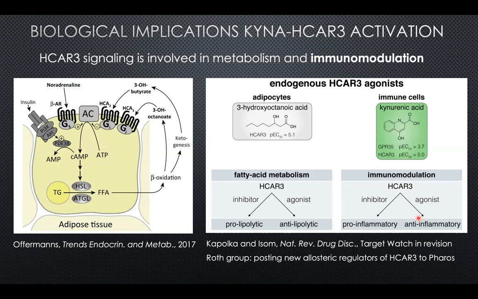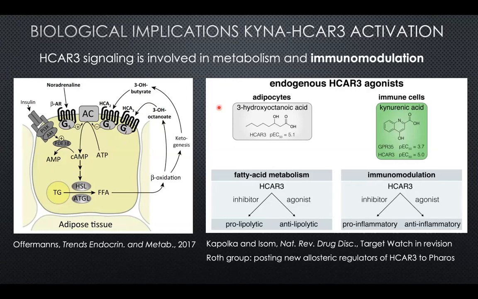But let's take a step back and understand why these two functions kind of mirror each other. If you go to the fat cell, what you'll see is that when you're fasting, hormonal signals activate the beta-adrenergic receptor, which activates adenylate cyclase and causes lipolysis and free fatty acids to form. These get beta-oxidized, but when you form too much of this intermediate, it agonizes HCAR3 as a negative feedback to inhibit adenylate cyclase so you don't waste energy, right?